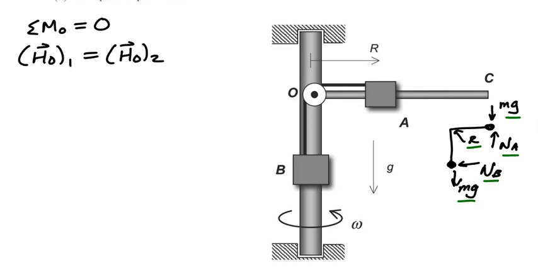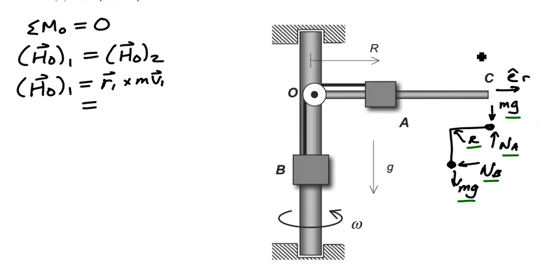Now, even though I'm going to apply this to the angular momentum of the system, the thing I want you to keep in mind here is that B contributes no angular momentum. In other words, I only have a contribution from A. So in this regard, I can say H about O at state 1 is going to equal r1 cross m v1, and I can substitute this as being a distance if I call this the e_r direction, and I'll call up, just to be consistent, the k.